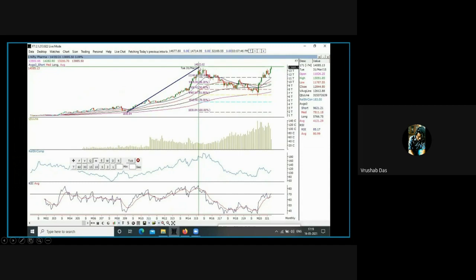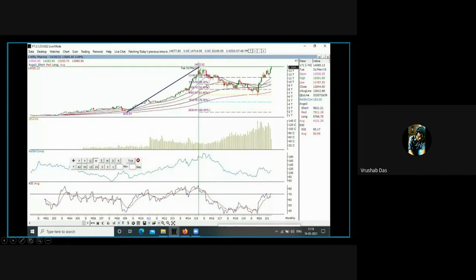And at 50%, it created two lows, and after that it has crossed the 50% also. When it has crossed the 50% point, then you know that the next point is around 61.8%, and it will touch it.